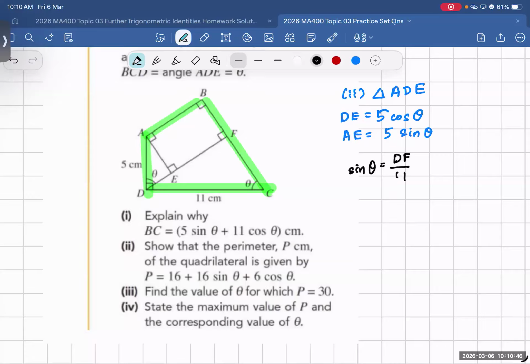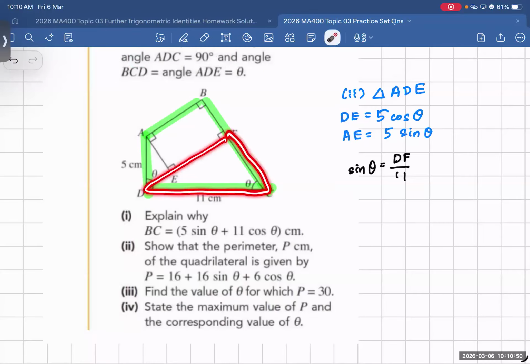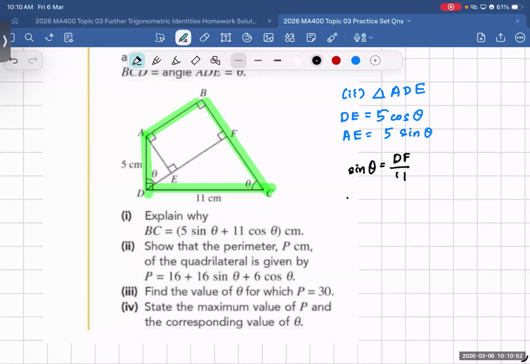So if I look at this triangle, FE is the same as DF minus DE.